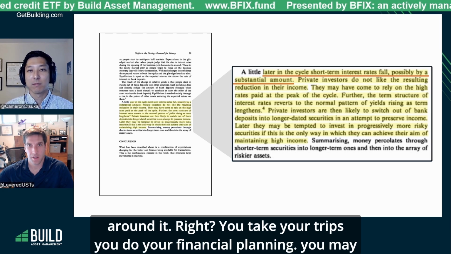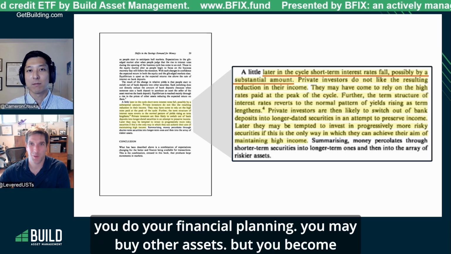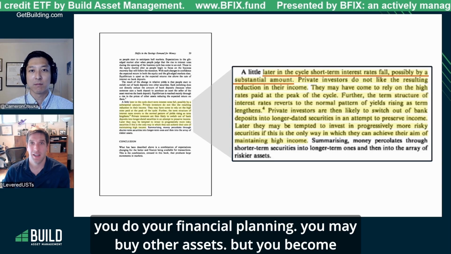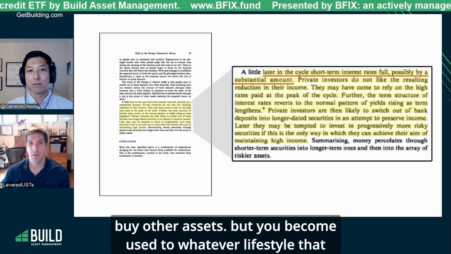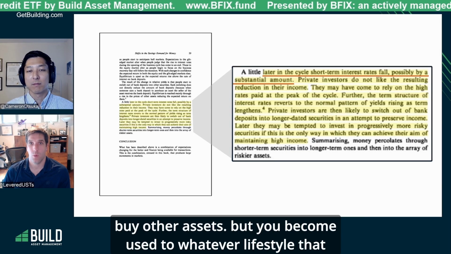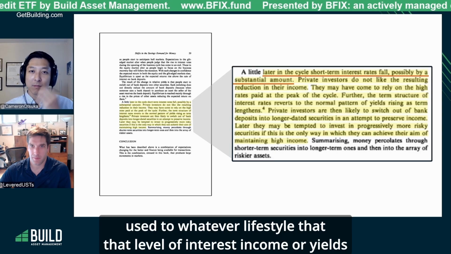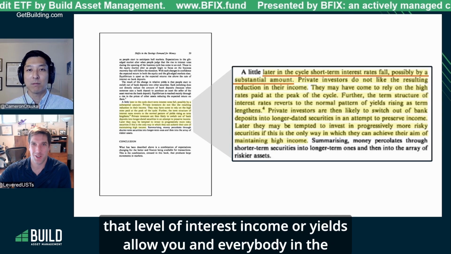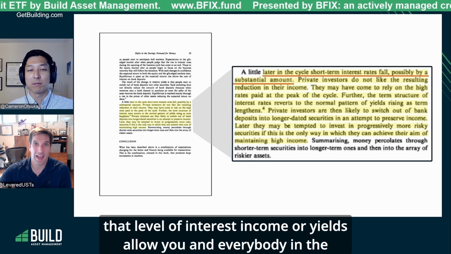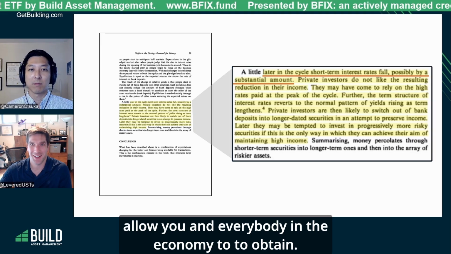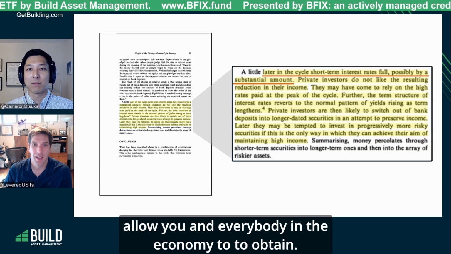You take your trips, you do your financial planning, you may buy other assets, but you become used to whatever lifestyle that level of interest income or yields allow you and everybody in the economy to obtain.